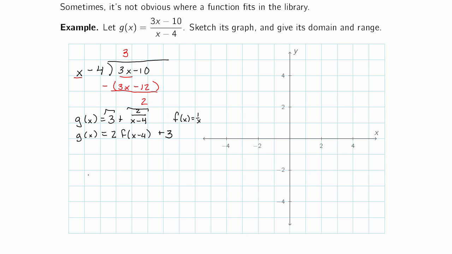So that means we're transforming the graph of 1 over x. When we transform the graph of 1 over x, we'll use the points (-1, -1) and (1, 1), and then the points x equals 0 and y equals 0 will be relevant to our domain and range.